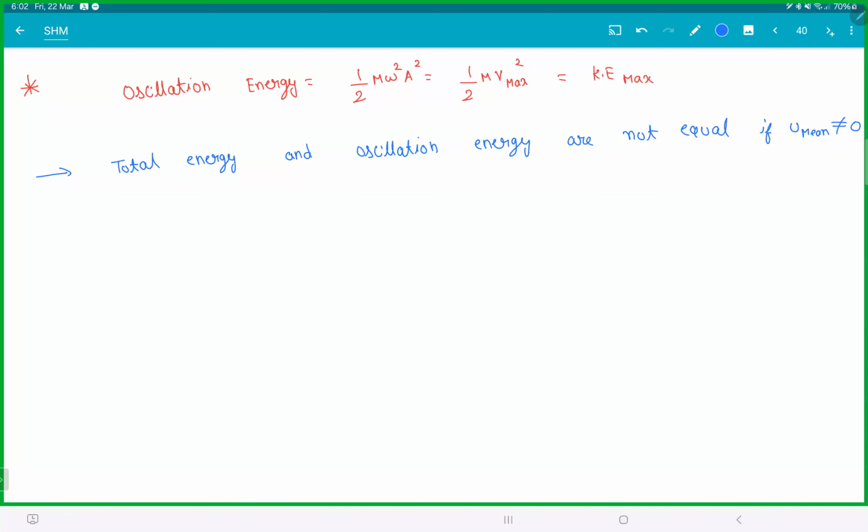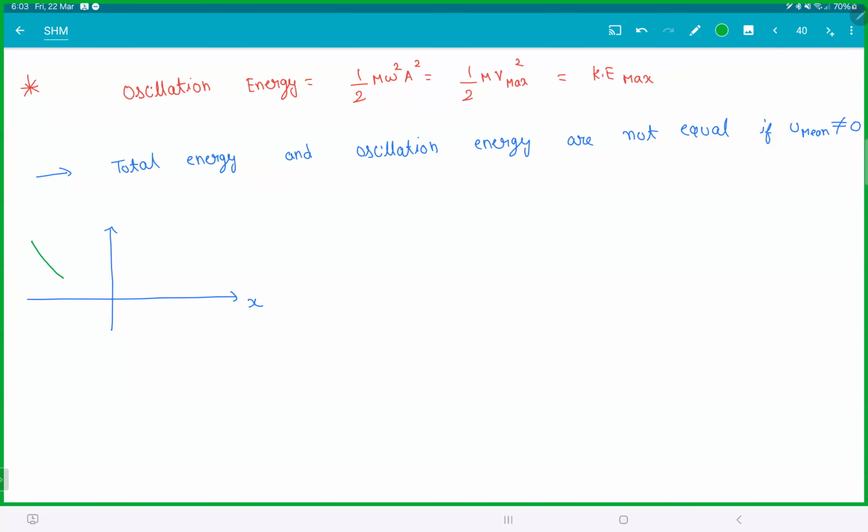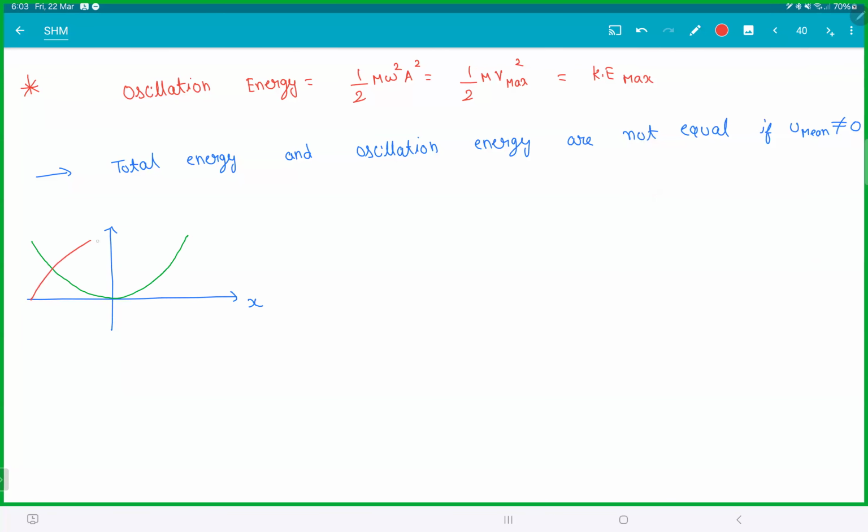Now, if you try to plot the graphs for this, we are drawing the graph with respect to x. In the exam they did ask questions like this.